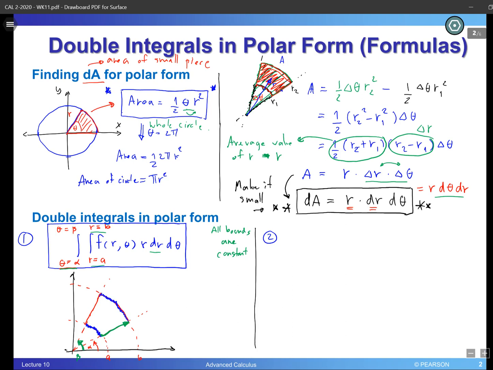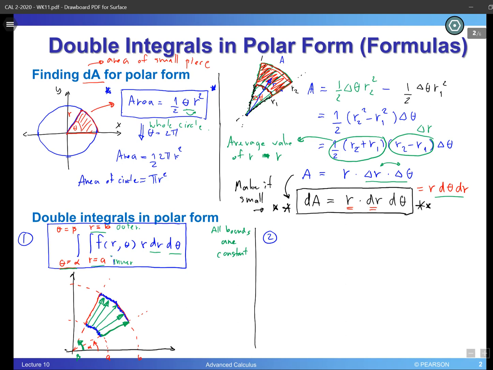So let's make a note right here that this r equal to a is the inner curve, and this one r equal to b is outer curve. Now that we sweep the radius already, we can sweep the angle, this one d theta, and we are going to repeat this pattern again and again until we cover the whole region of this integration domain.